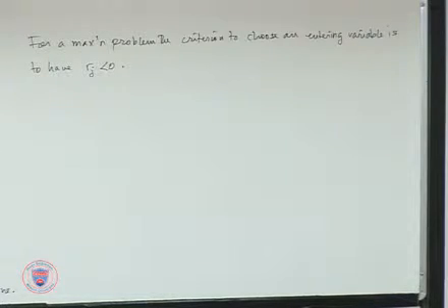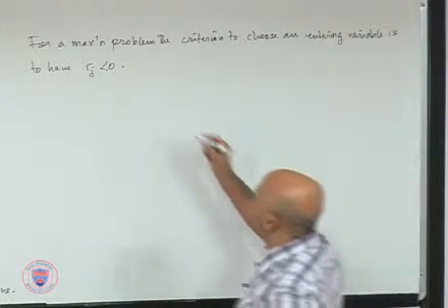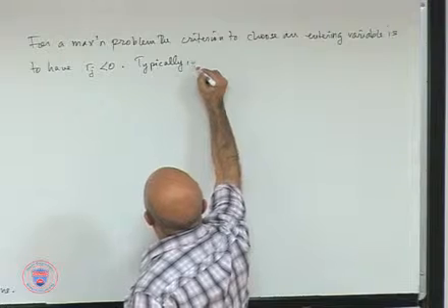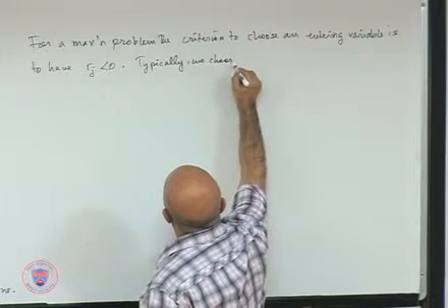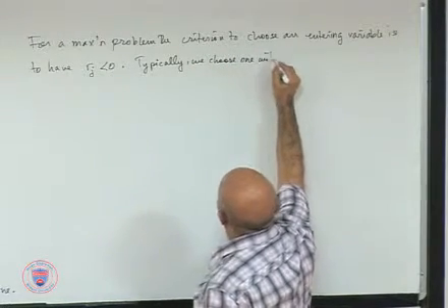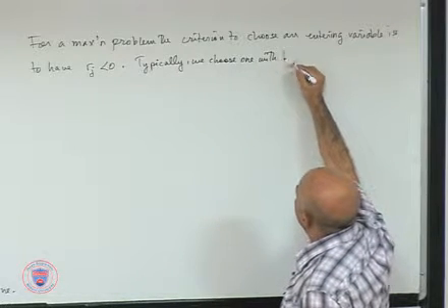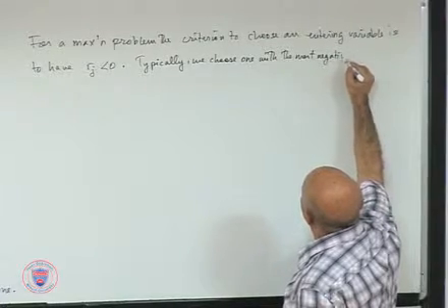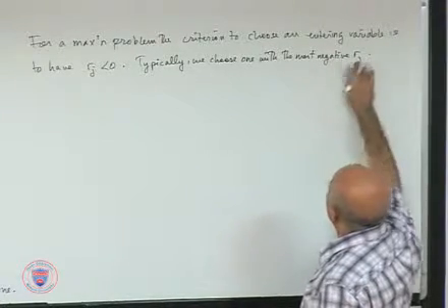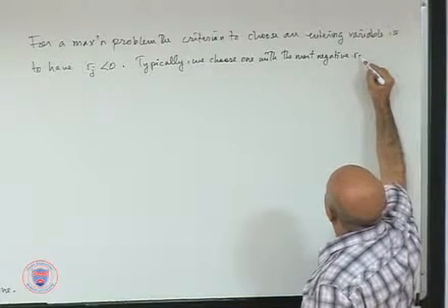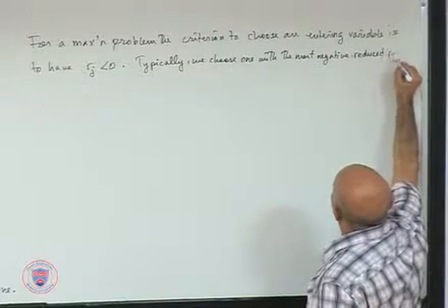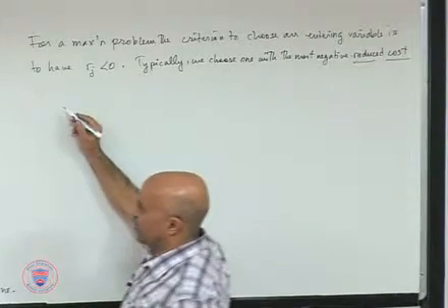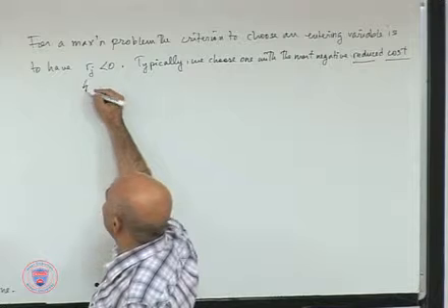And typically, you choose the most negative one. Let's call these Rj's reduced costs.